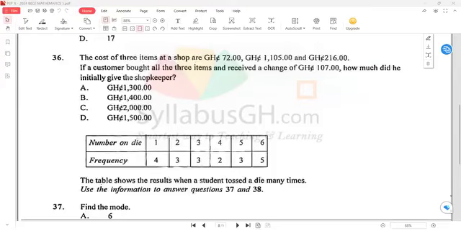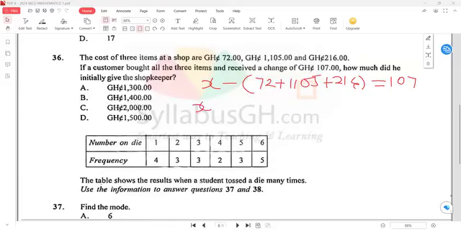So you know that if you subtract the total cost from the amount the customer gave, you know the change. So let's say X is the amount the customer gave, and the total cost is 72, 1105, 416. And that should give us our 107. So our X should practically be 107 plus 72, plus 1105, plus 416.